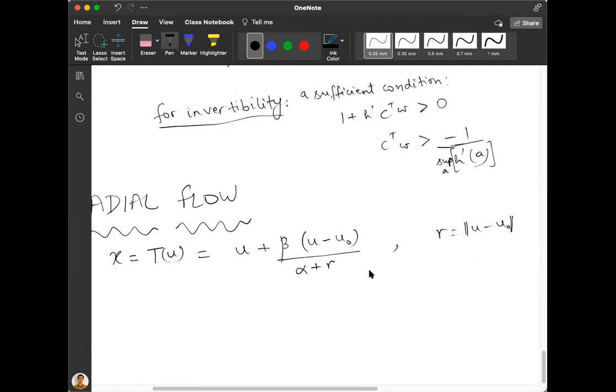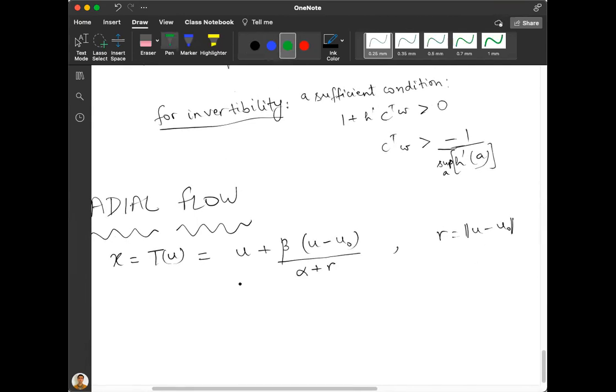This is the radial flow. Now what is u? u belongs to R^D. Beta is a scalar, or simply a real number. Alpha is also a scalar. And u naught is also in R^D, just like u is in R^D.